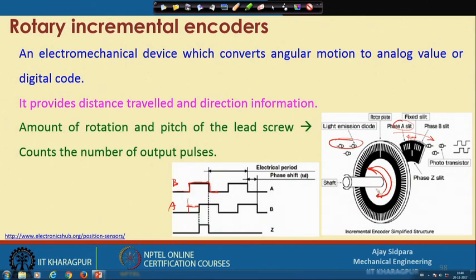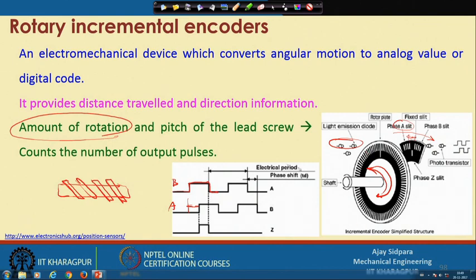Now, how do we convert this rotational motion into a linear motion, correct? Because these rotary encoders are also used for measurement of linear motion. Consider this is the shaft, and the shaft has a lead screw, correct. So, the lead screw has a pitch. First we have to find the amount of rotation.